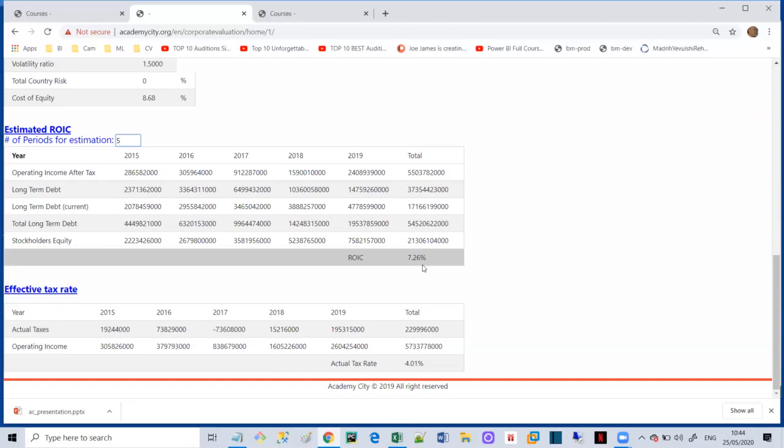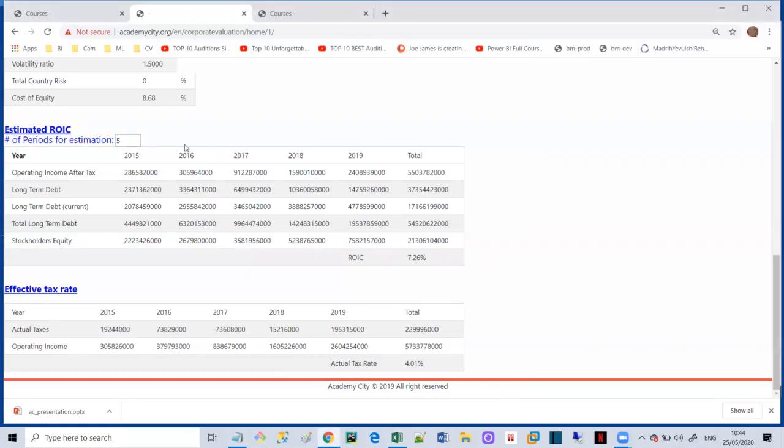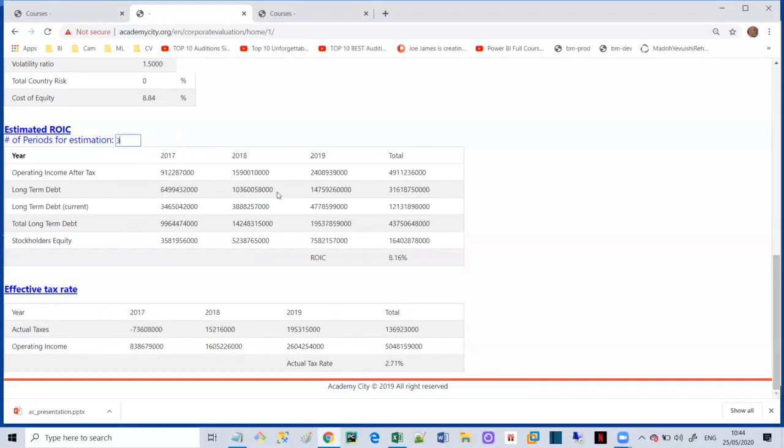But when I'm looking at a company in which the revenue is growing so fast and the EBIT is growing so fast, and we know that one of the drivers is return on invested capital, I will tend to check what happened in the last 3 years. Maybe this will be a better reflection of what the future is going to lead to. So I most likely will go with 8.16, okay?